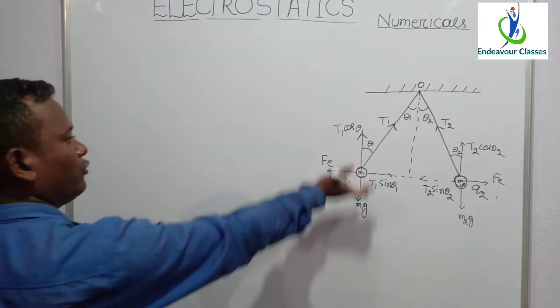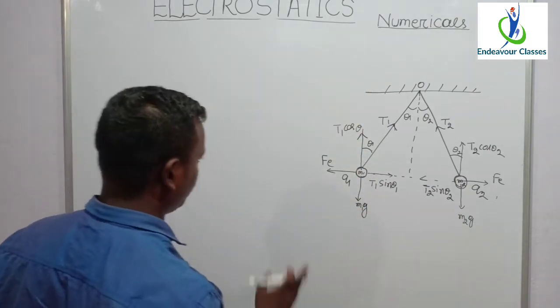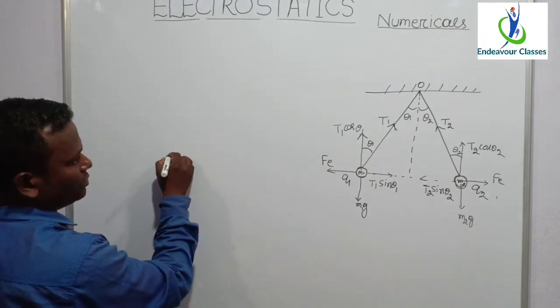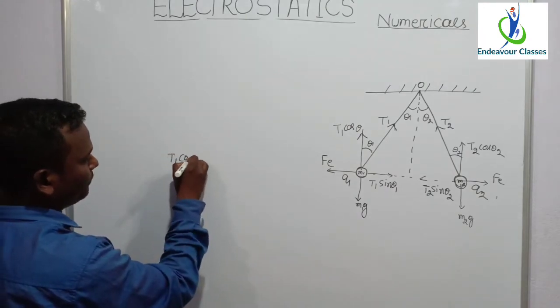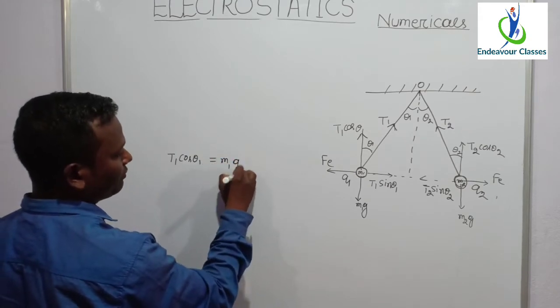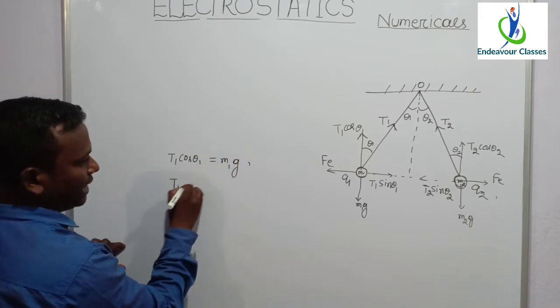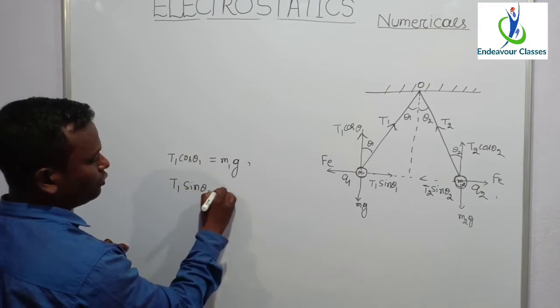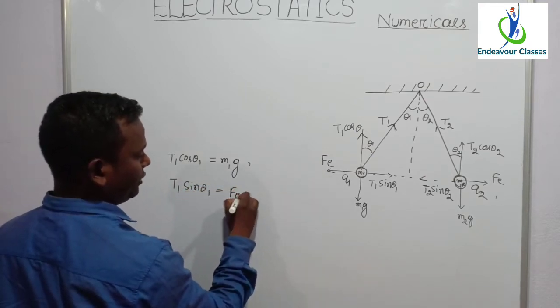So the net upward force must equal the net downward force. In this case, T1 cos θ1 will balance the weight m1g, and T1 sin θ1 will balance the electrostatic force Fe.